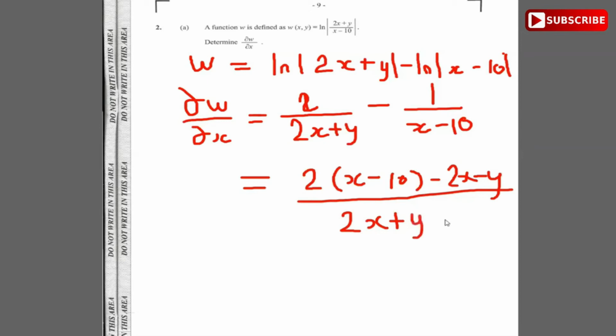This is just to simplify it. If you want, I wouldn't. That's a waste of time. But if you want, you can simplify it.